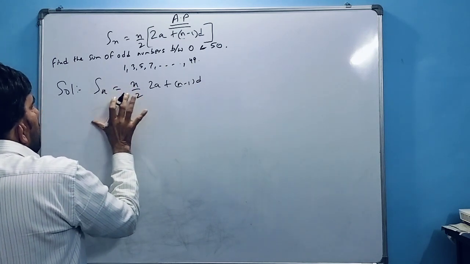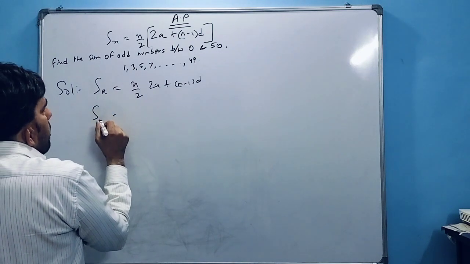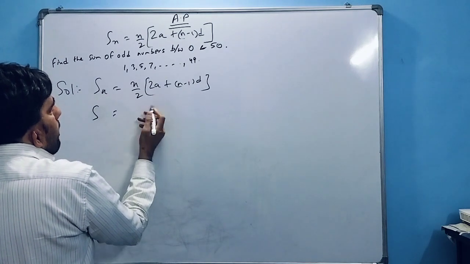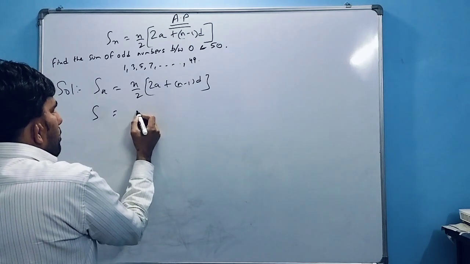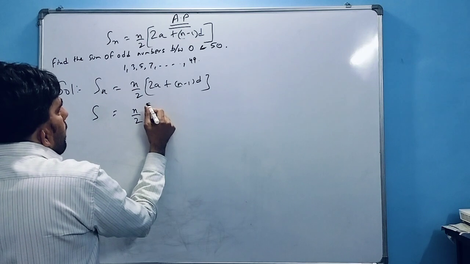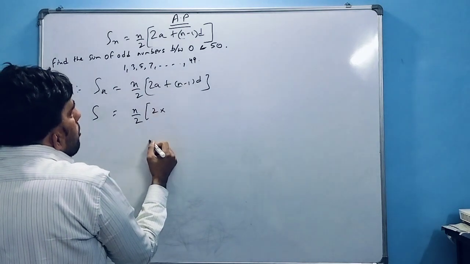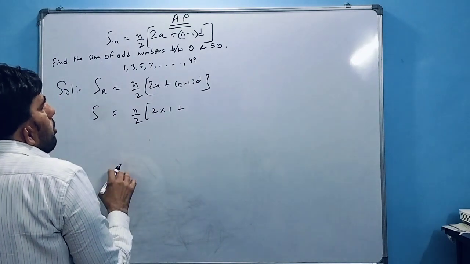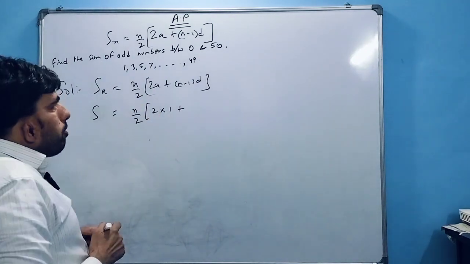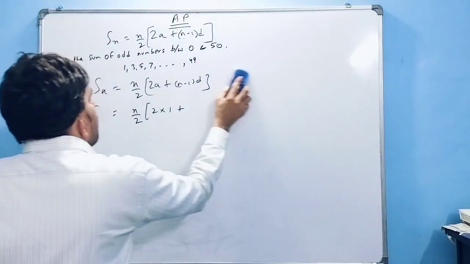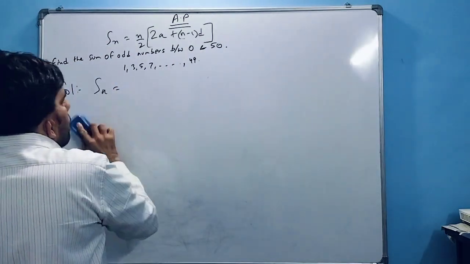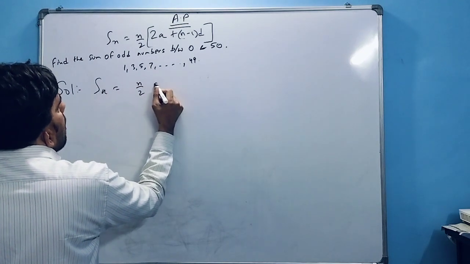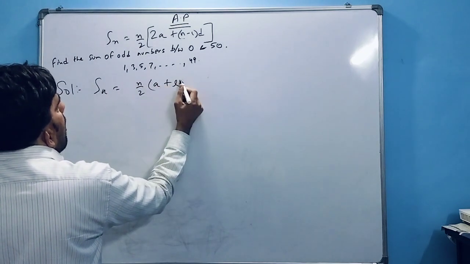Now that is the sum we need to calculate. So this is the formula we have, n by 2, that is 2 into a. Or I think we can easily find, instead of using this formula, by using that other formula, that is n by 2 (a plus l).